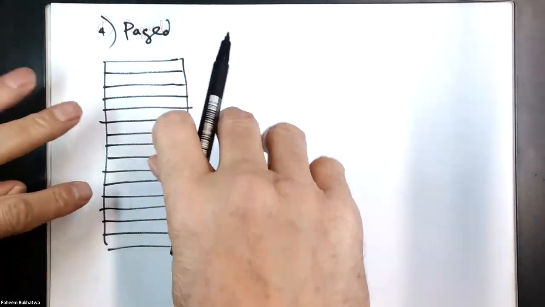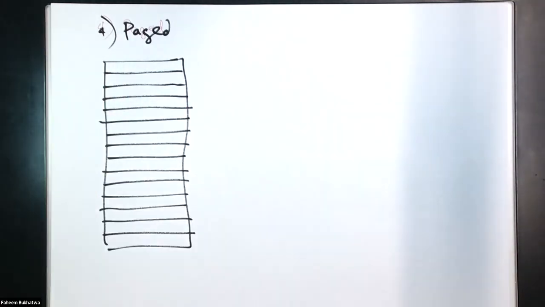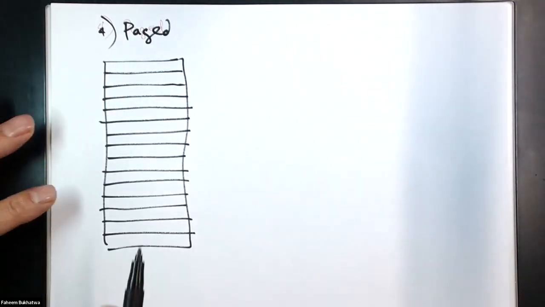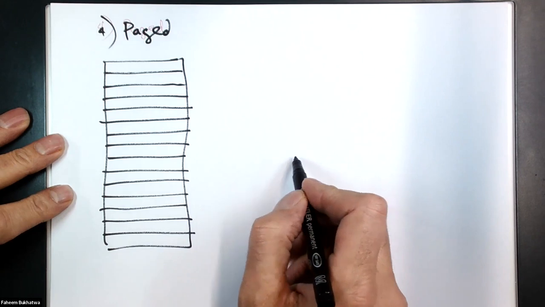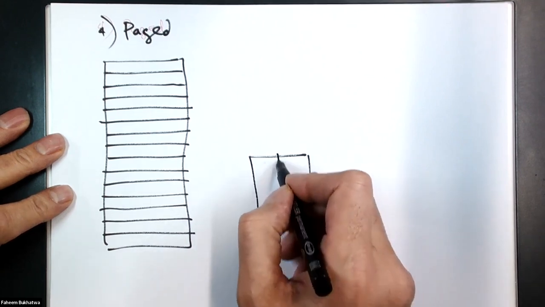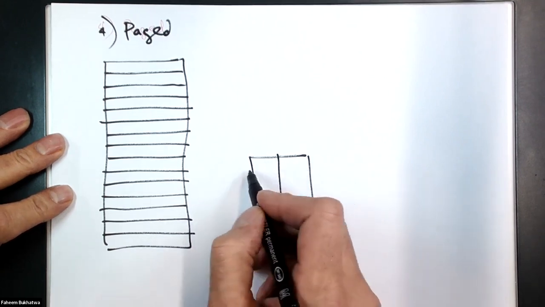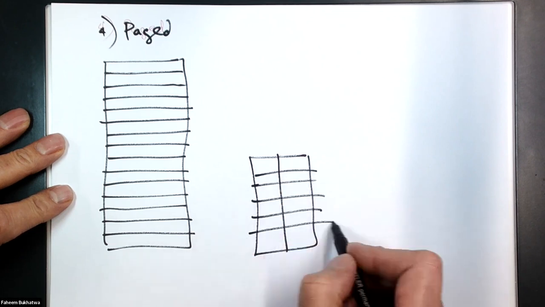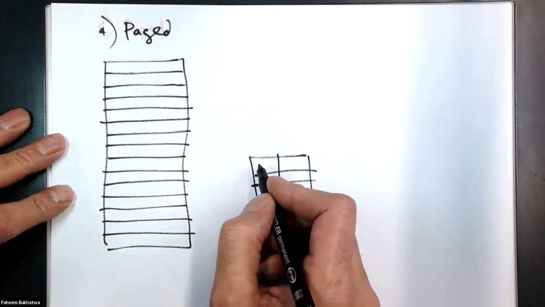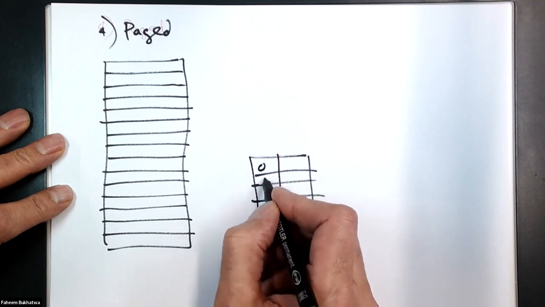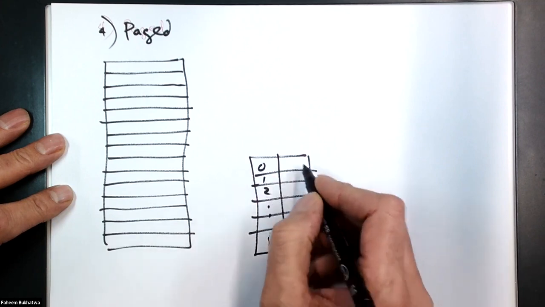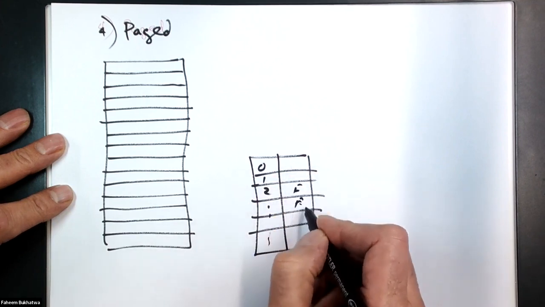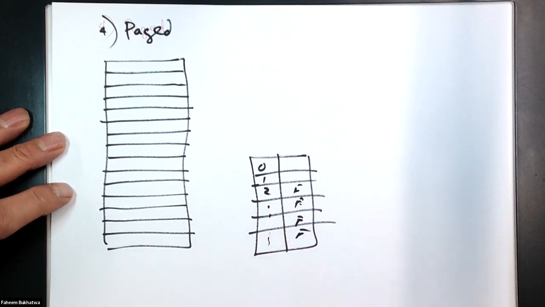But for now, let's just say we split memory into lots of pages of equal size, and we have a table that describes each page. All we have to say is page number 0, page number 1, 2, 3, all the way, we don't have to even know where it is. And if it's free, we mark them all as being free.